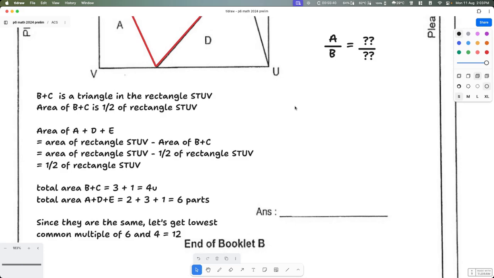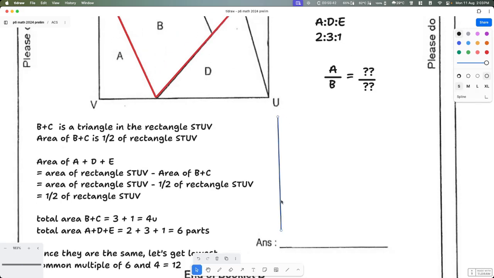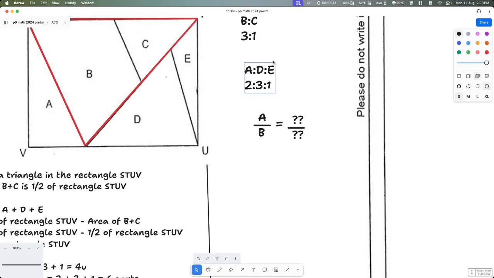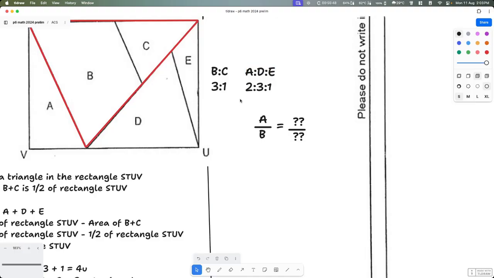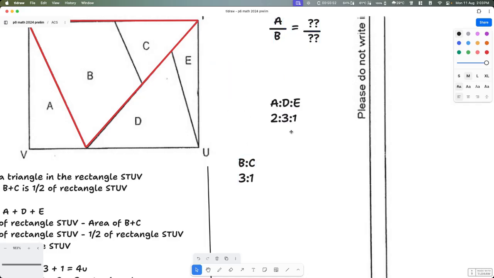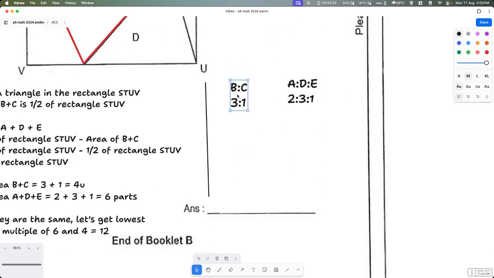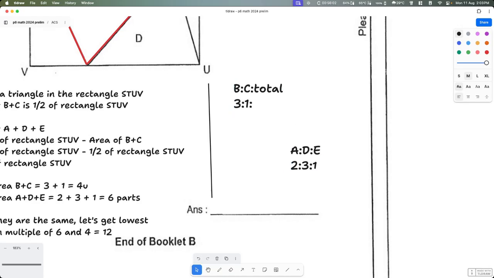So in this case, for B, C, and A, D, E, B to C is 3 is to 1, and the total is 4.